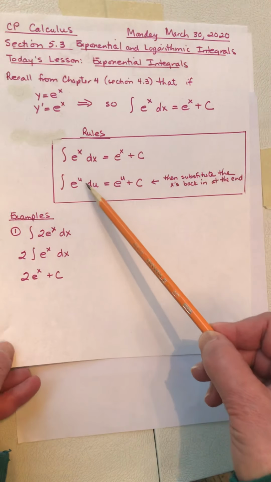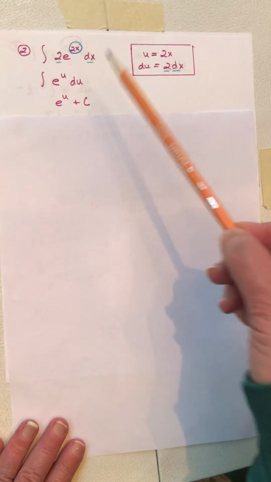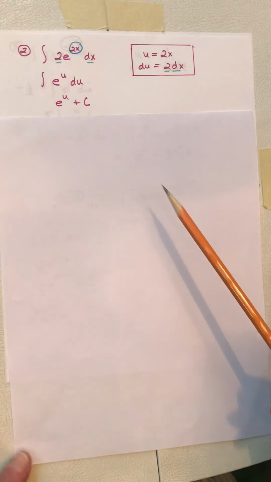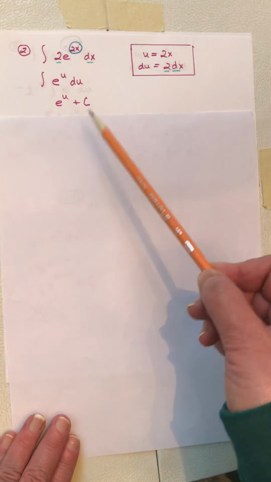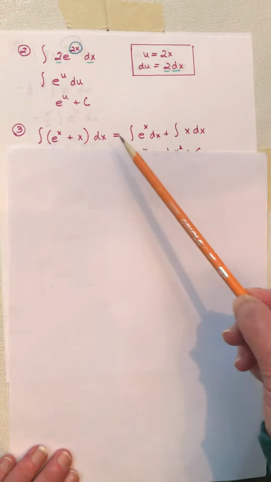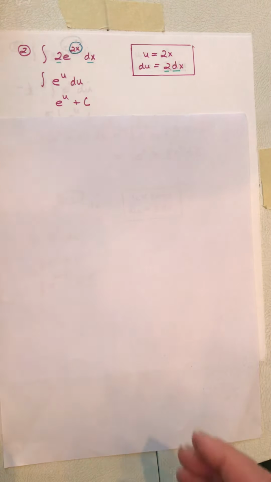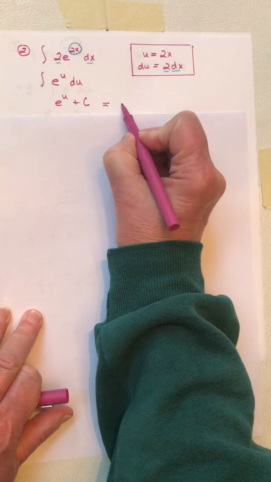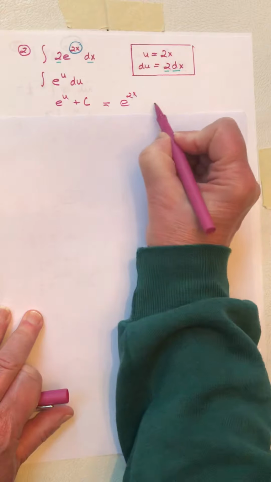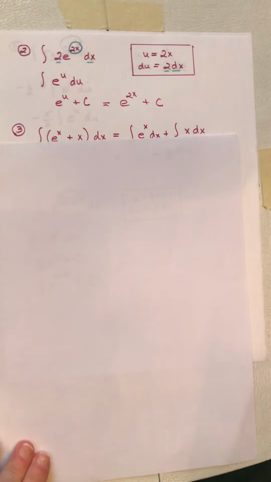The integral of e to the u du is e to the u plus c. And the last step is we take out the u's, we put the x's back in. So we get e to the 2x. Oh, I forgot to do that. Wait, we have to put in, this is going to equal e to the 2x plus c. And now we're done. All right, let's see what the next one is.